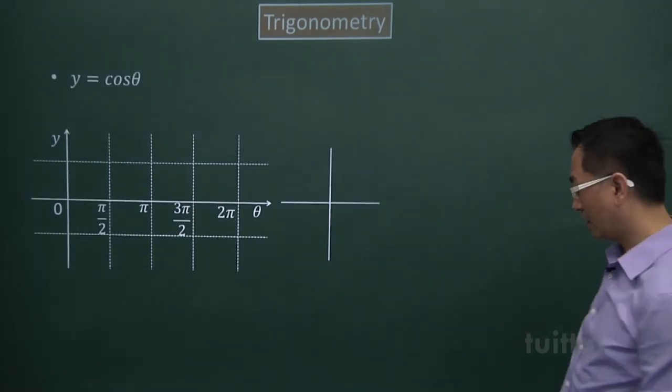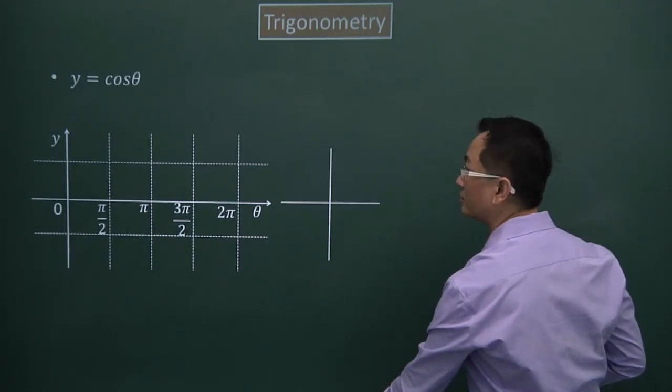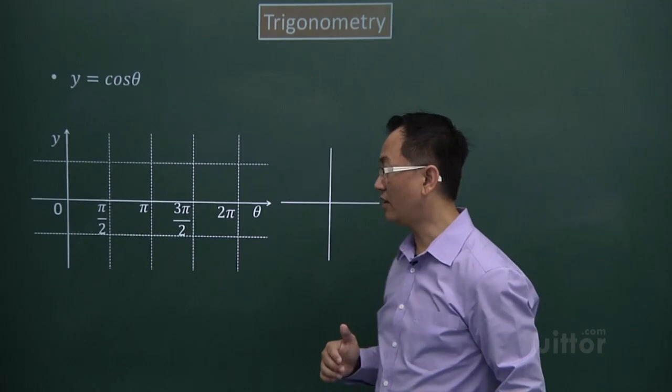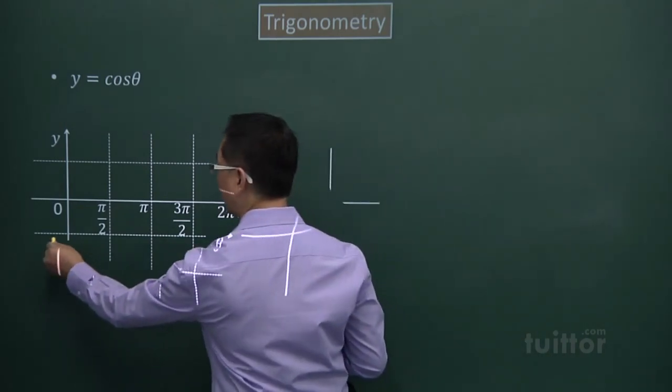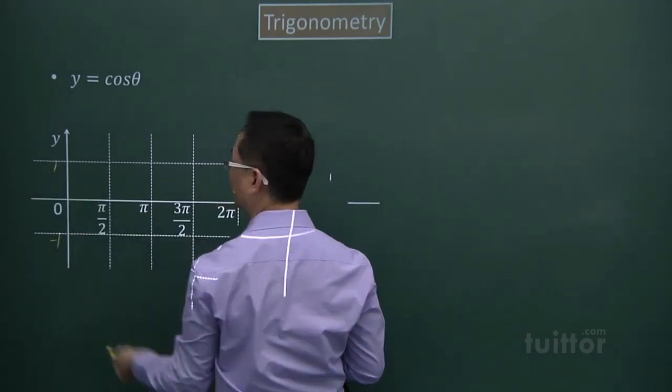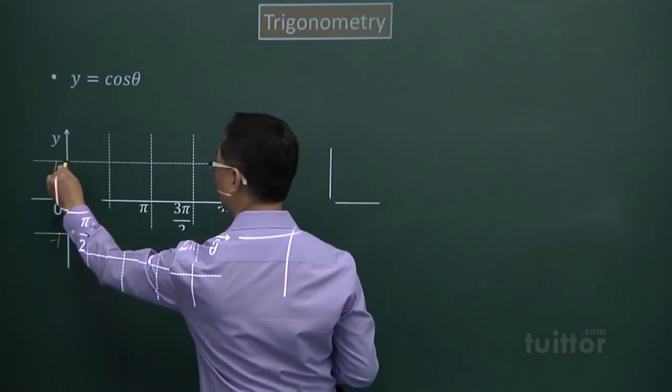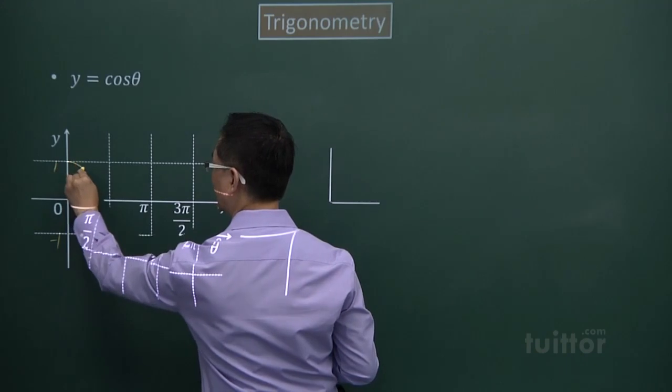Let's look at y equals cos theta. The range of the graph is from -1 to 1. And the curve of cos theta is like this.